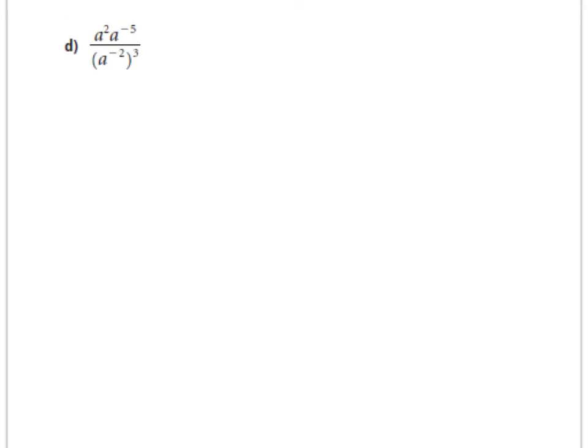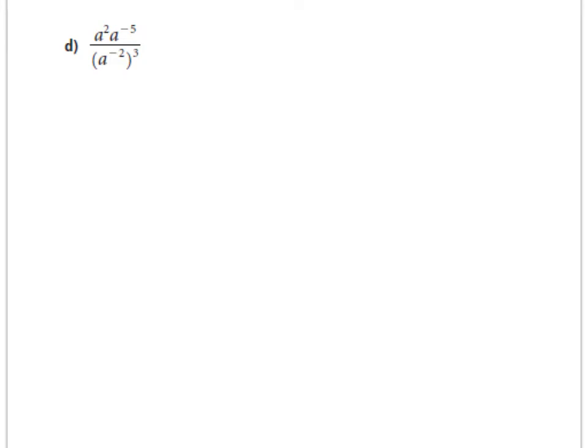This is a little bit more involved example. We have a series of powers with the same base, all a, but we have to do these step by step. First, I'm going to simplify the numerator. I have a exponent 2 times a exponent negative 5.